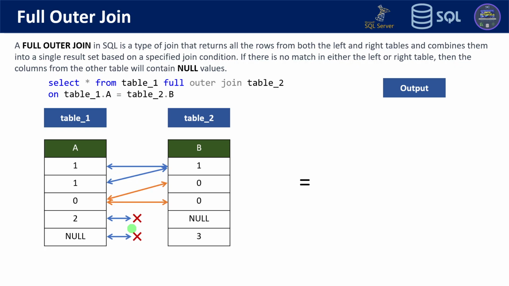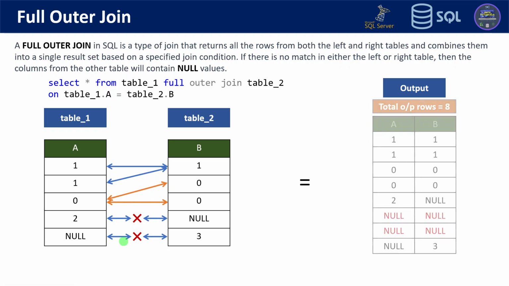Now everything has been taken from the left table, we also have to take everything from right table 2 because it is an outer join. So again we will be taking a null value, but it doesn't have anything to match, so it will be connected to a different null. Similarly 3 also doesn't have anything to match from these two tables, so it will be connected to null, and finally we'll get this output. 2 doesn't have anything to match, so 2 will be connected to null.